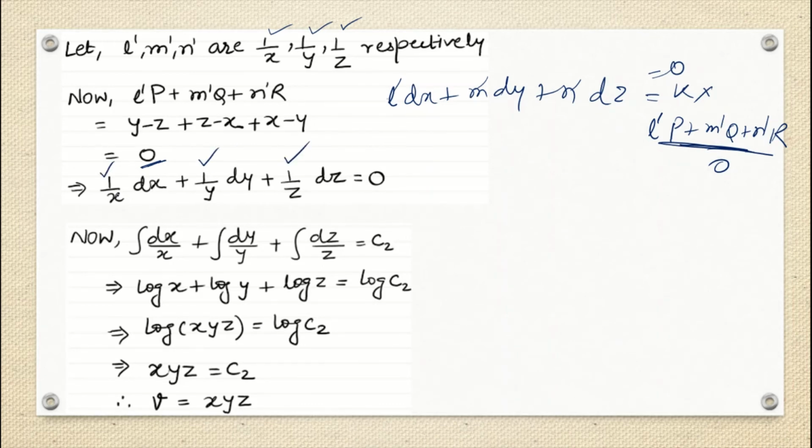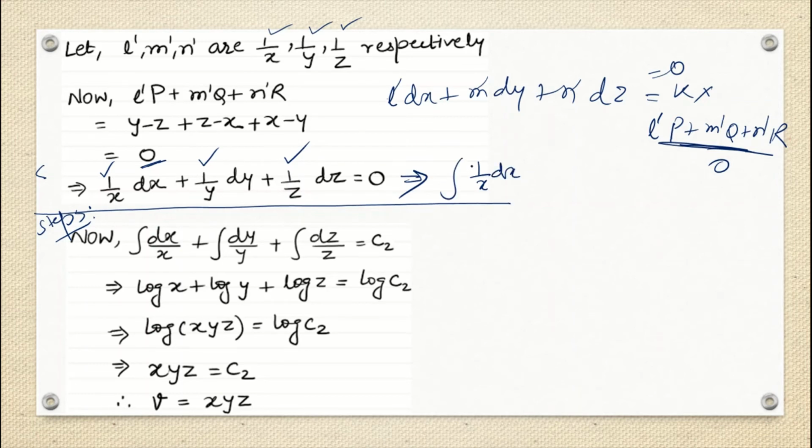Now this is my step number 3. Step number 3 is just integrate both sides. So I am integrating both sides. Here I write 1 by x dx, integration of the complete left hand side, plus 1 by y dy plus 1 by z dz equals 0.